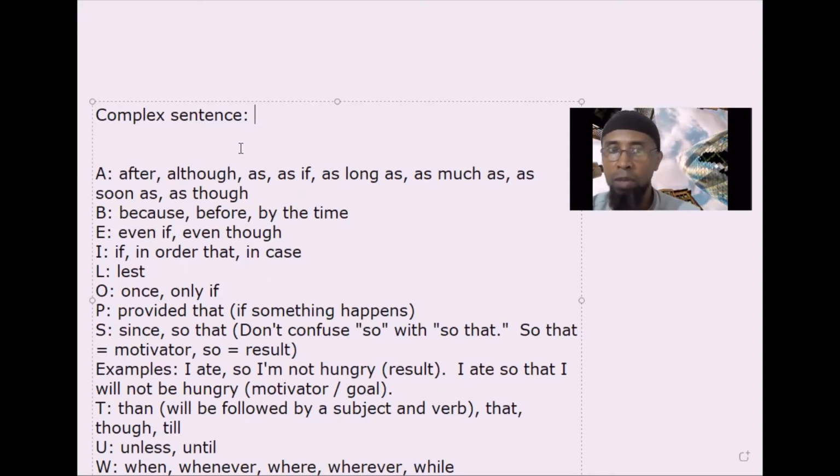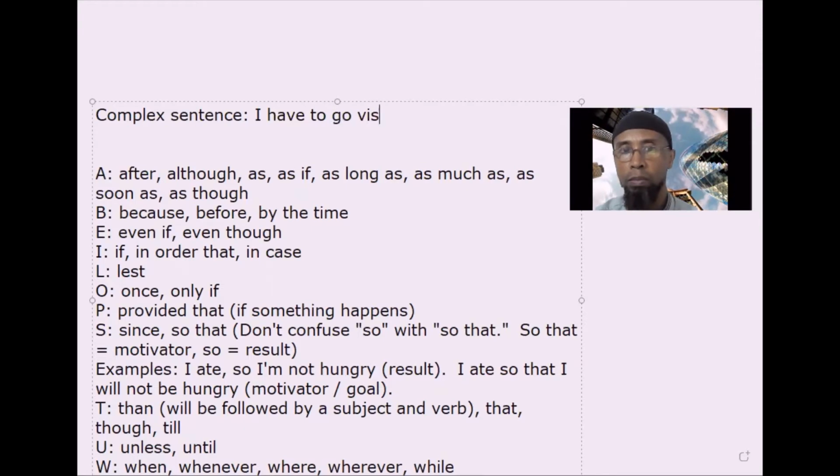Let me give you an example here. If I write one simple sentence, that's a simple sentence.